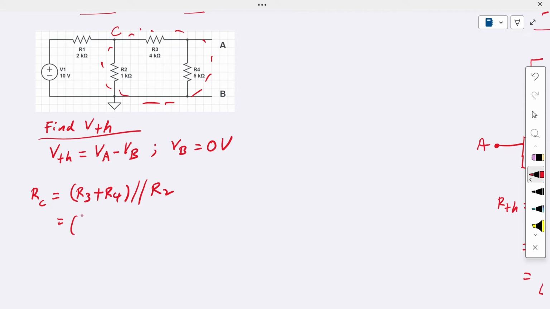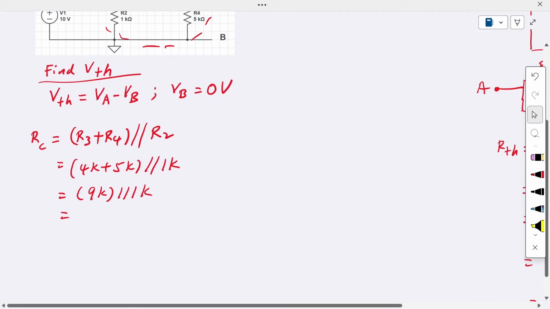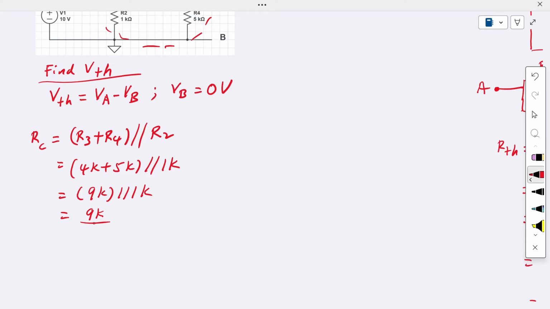So R3 we have 4K, R4 is 5K. Then parallel with R2 is 1K, right? So in this case we have 9K parallel with 1K. So we have 9 times 1 over 9 plus 1, which is 10 here. Okay, so in that case we get 0.9K for the RC network.